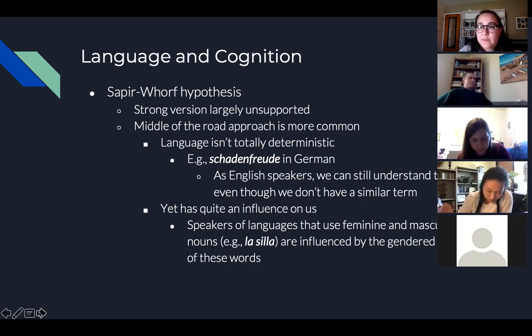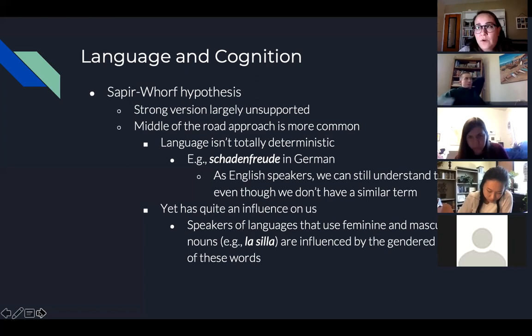For example, in Spanish, for chair, la silla, the "la" is indicative of a feminine noun. They found that people who speak Spanish or German, languages with gendered nouns, came to attribute certain more feminine or masculine characteristics.